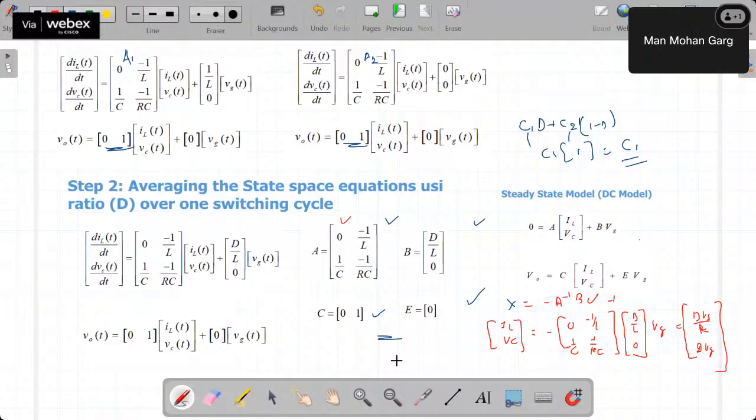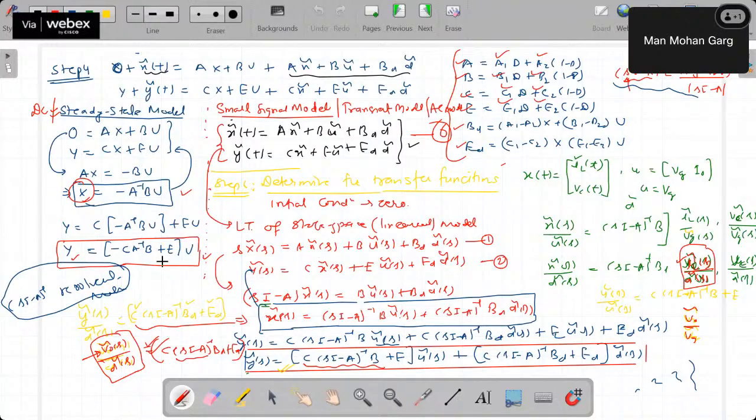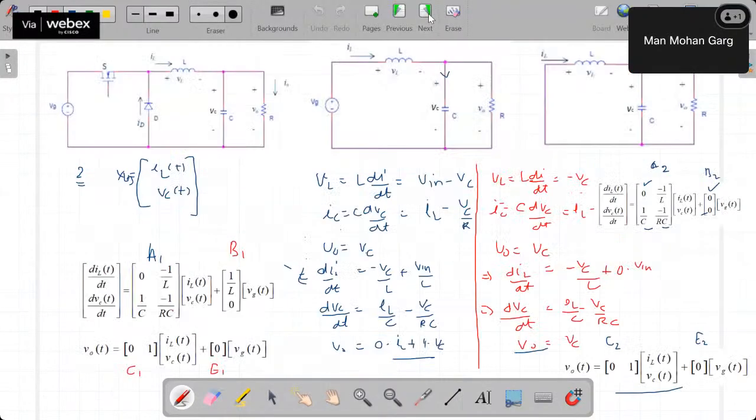Similarly, if you find the output V also, then you can use this formula directly: Y equals minus C A inverse B plus E, U, and you will get Y naught also. So this Y, which is V naught, you will get as DC in this case. So that is the way we can get this DC model.